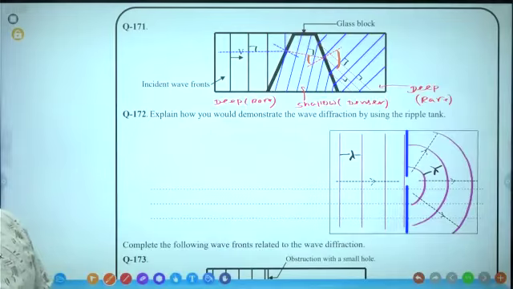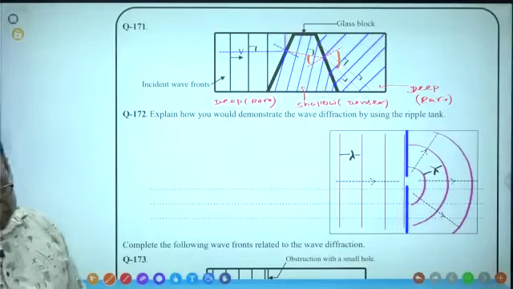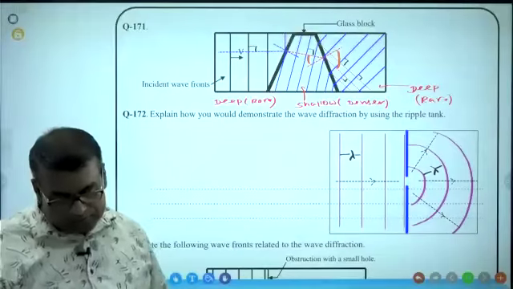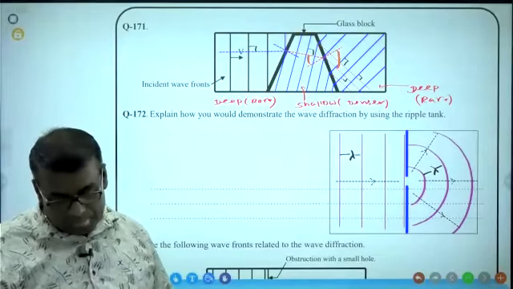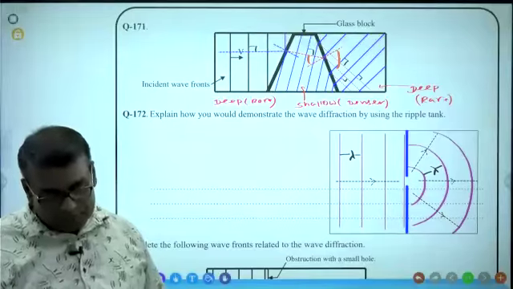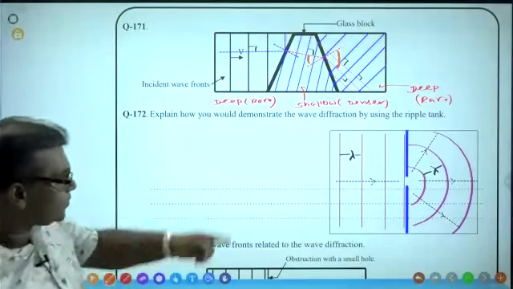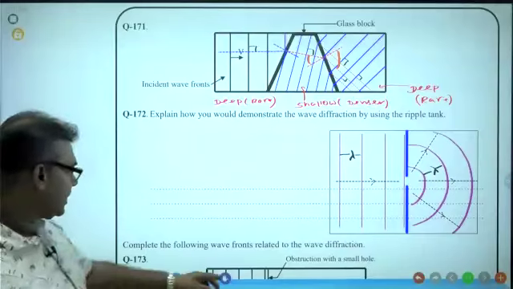Right. To check the abilities of wave diffraction, you are asked to identify and complete the wavefronts related to the wave diffraction, and 3 diagrams are mentioned. After copying that one, can we enter the next one?